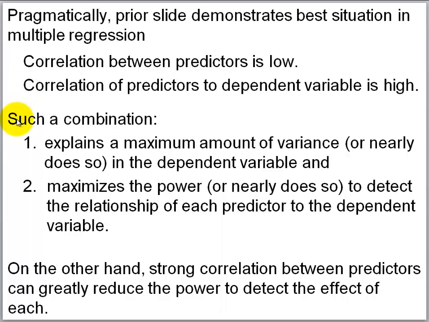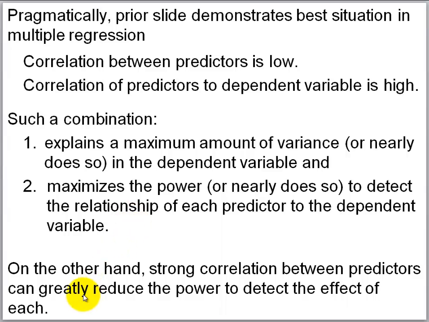A combination such as the above maximizes the amount of variance in the dependent variable that is explained, or it very nearly does so, and such a combination also maximizes, or nearly does so, the power to detect the relationship of each predictor to the dependent variable. In other words, if the predictors are highly correlated, if they overlap a lot, to the degree that that is the case, the power to detect the unique effect of each predictor decreases.